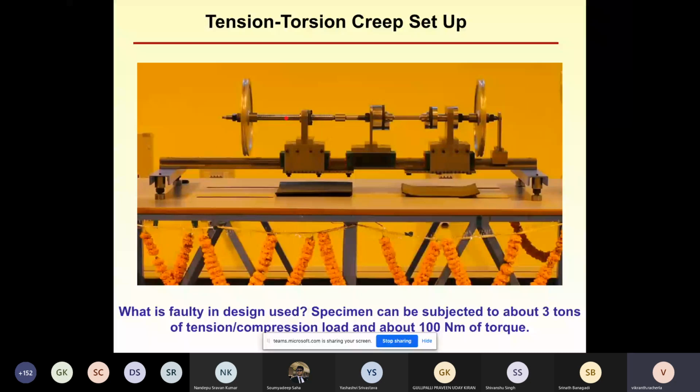This is a single start thread, so the lead will be equal to 5 millimeters. So for pi d amount of movement of the mass, you have a 5 mm movement over here. So what will be the ideal or the theoretical mechanical advantage you get in this application?